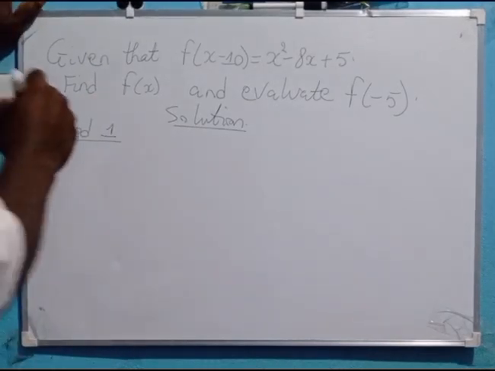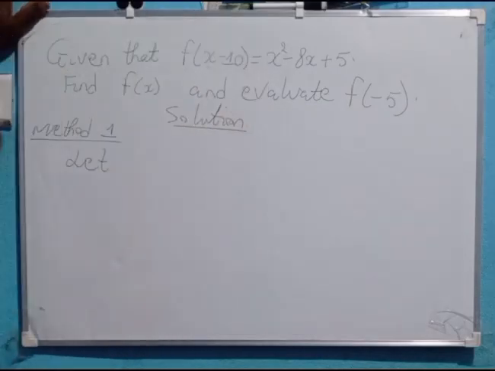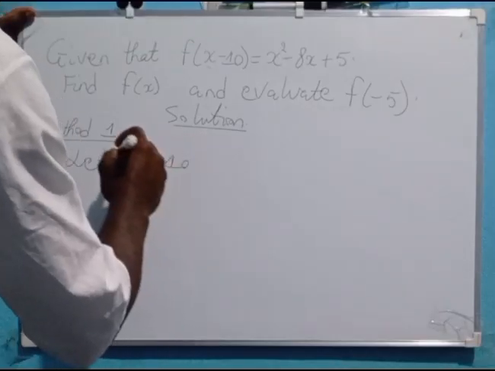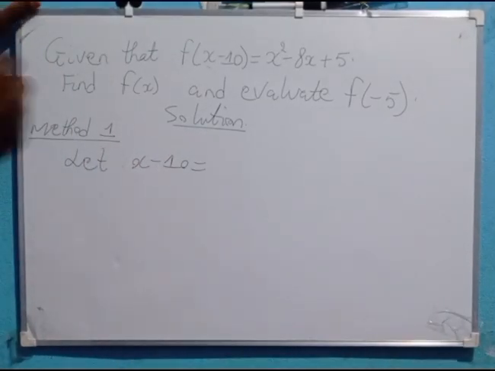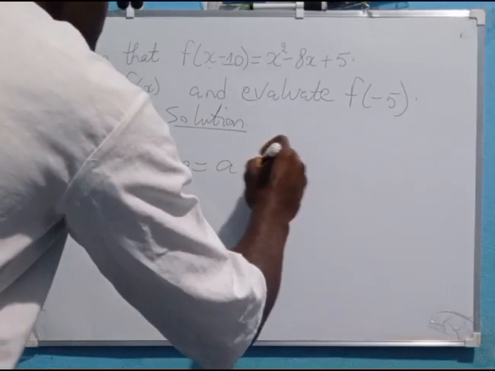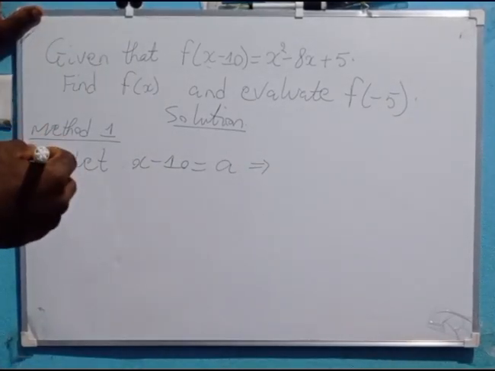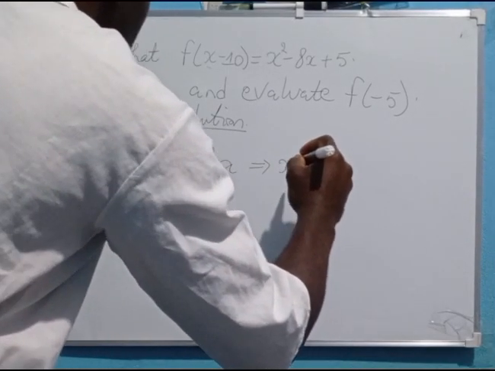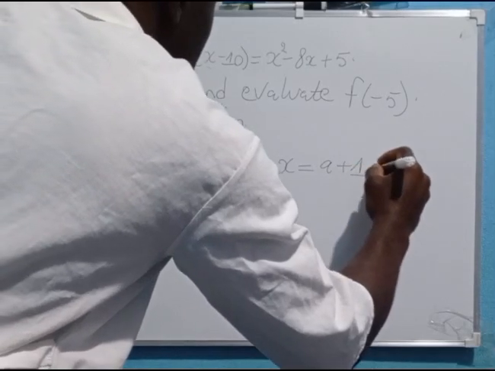We are going to start by saying let what we have in the bracket here, which is x minus 10, be equal to any unknown of our choice. We can make use of a. This will imply that if we make x the subject of the formula, x will simply be equal to a plus 10.